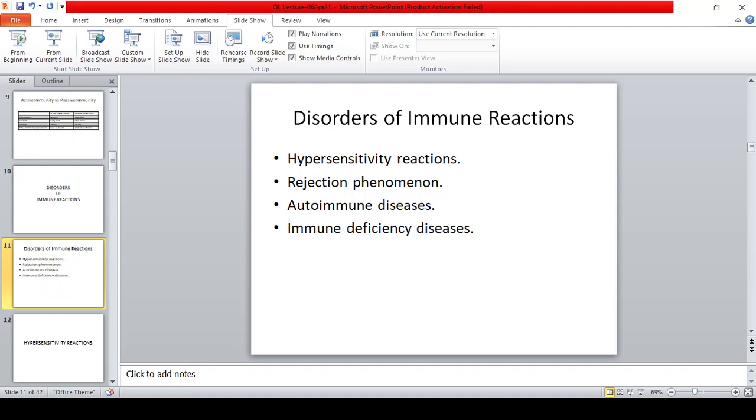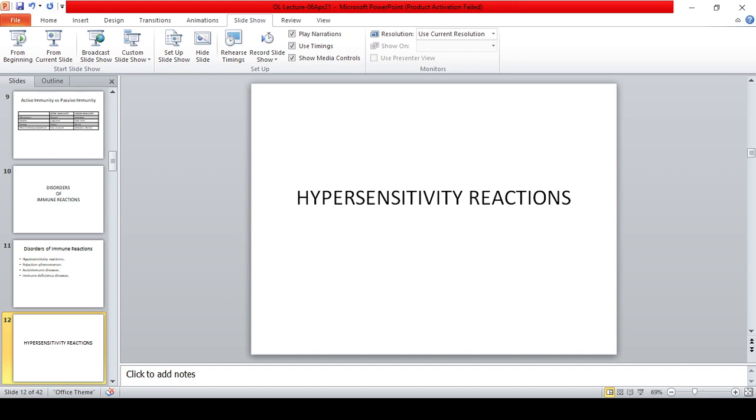First of all, the hypersensitivity reactions, then the rejection phenomena, thirdly, autoimmune diseases, and lastly, the immune deficiency diseases. We'll study these disorders one by one. Firstly, the hypersensitivity reactions.